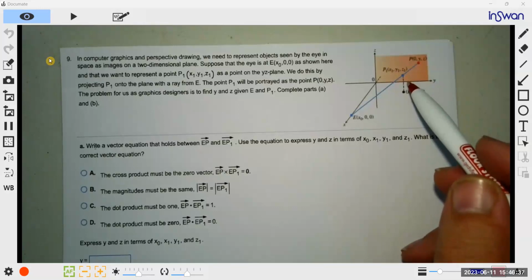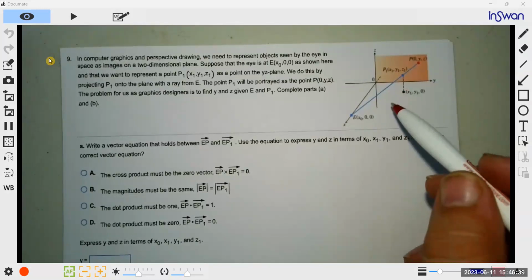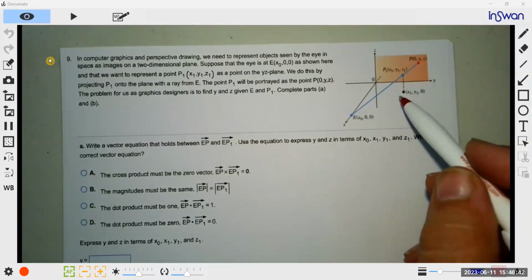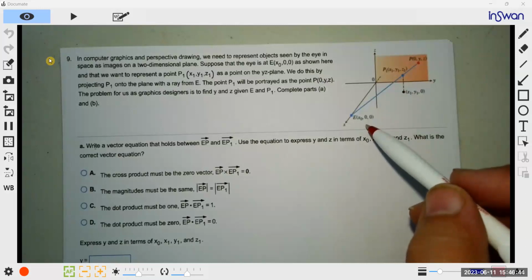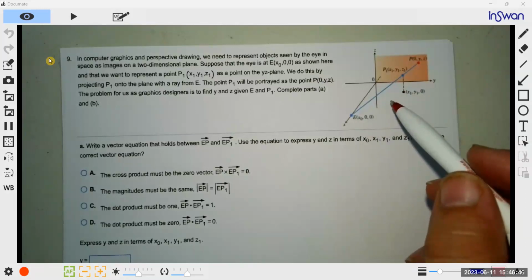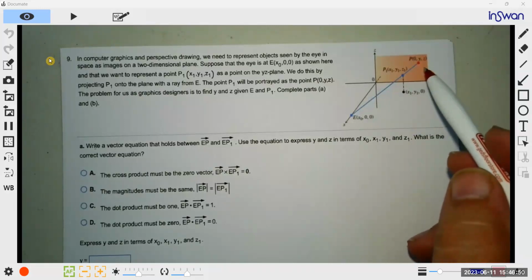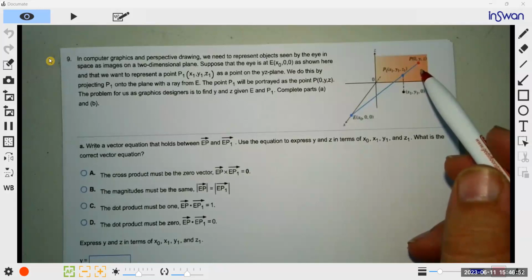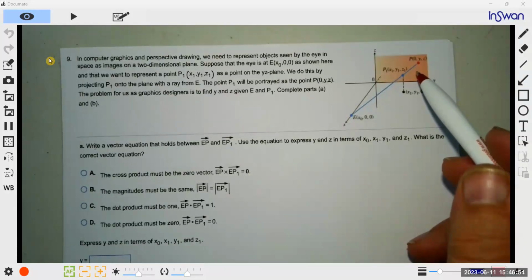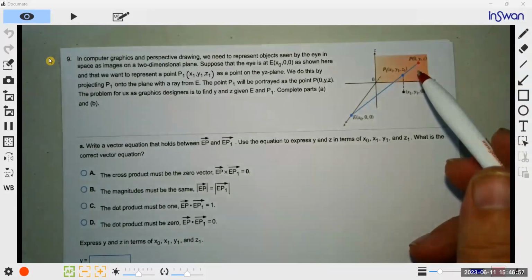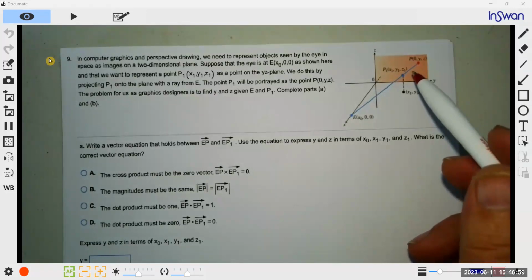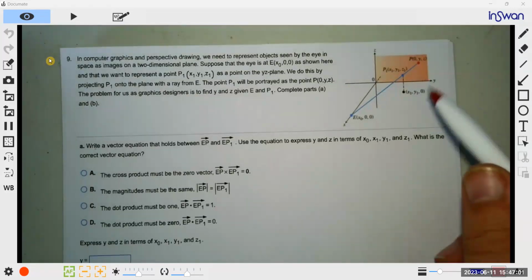We do this by projecting P1 onto the plane with a ray from E. The point P1 will be portrayed as the point (0, y, z). The problem for us as graphics designers is to find the y and z given E and P1. Complete parts A and B.